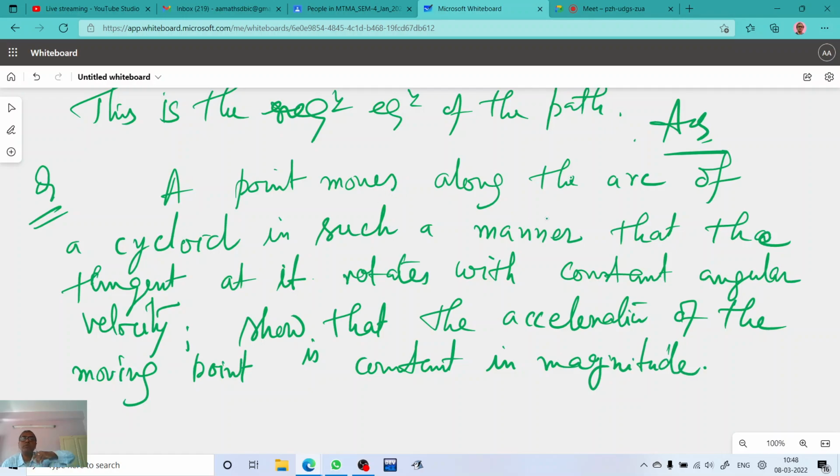A point moves along the arc of cycloid in such a way that tangent at it rotates with constant angular velocity.